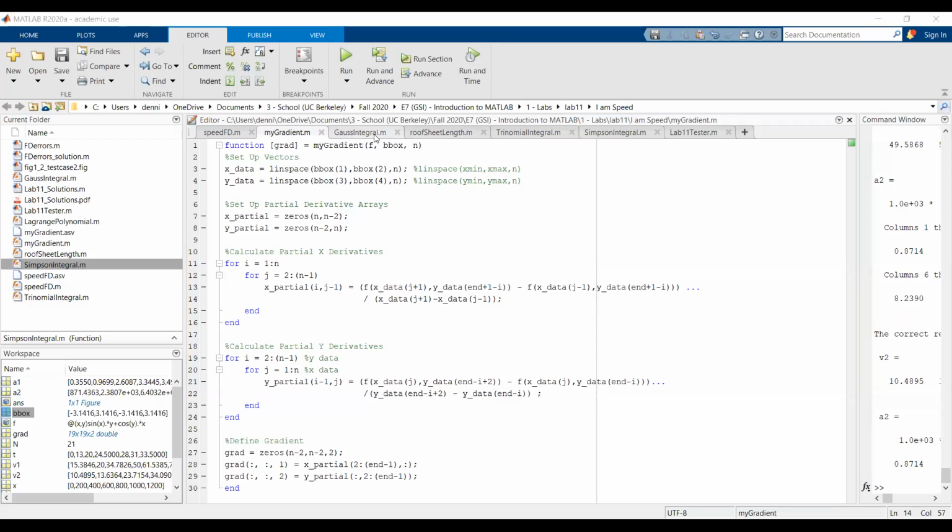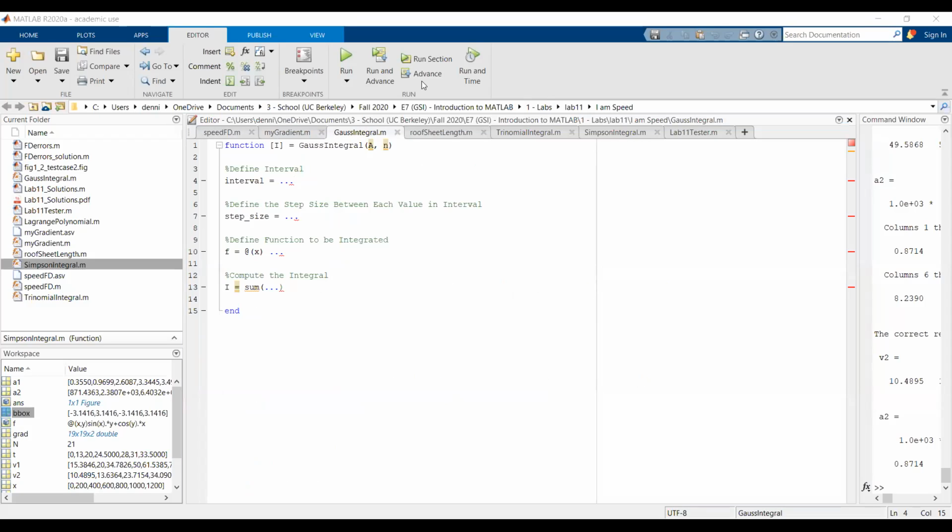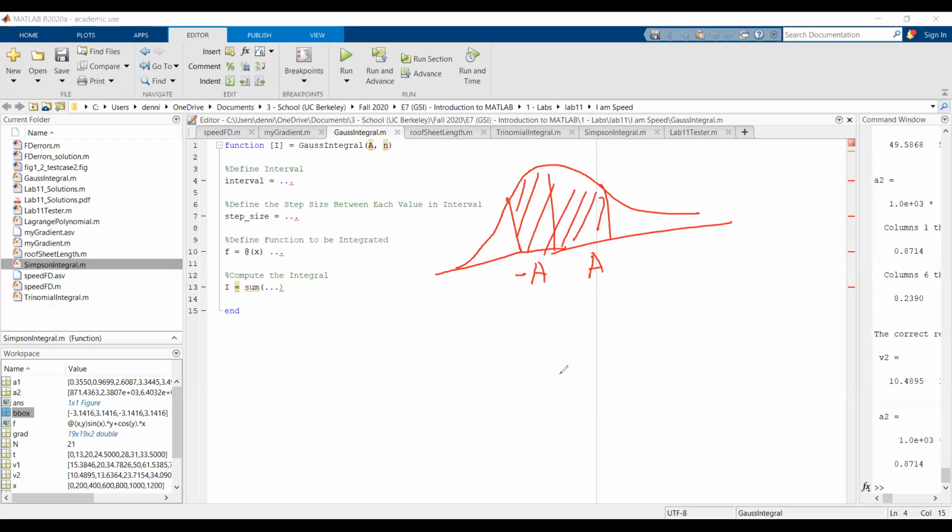Okay, let's go to Gauss integral. This was the normal curve you saw in the PDF. You take a this way, you take a this way, take the integral. And you'll use a Riemann approximation.